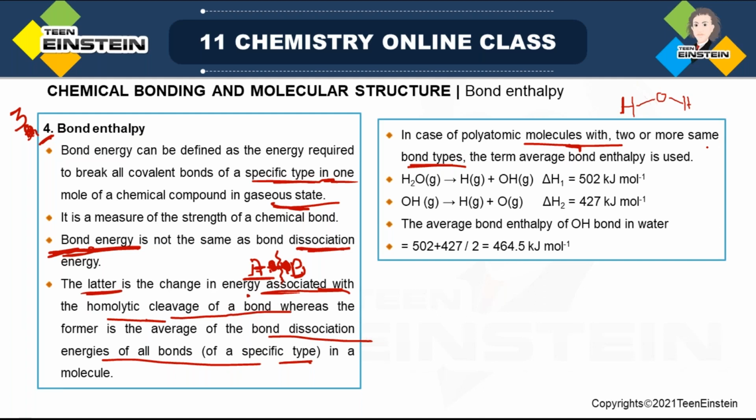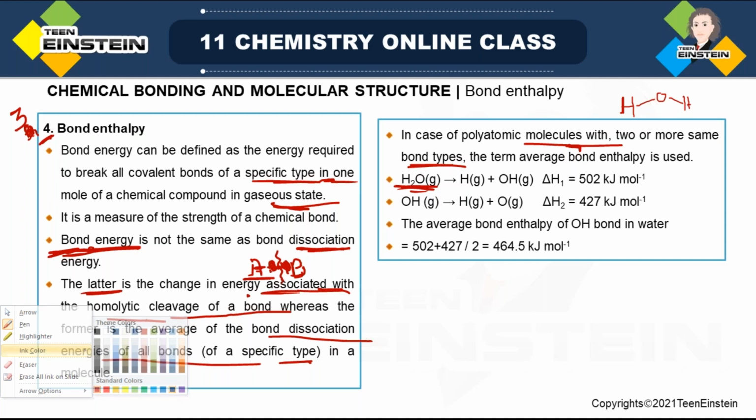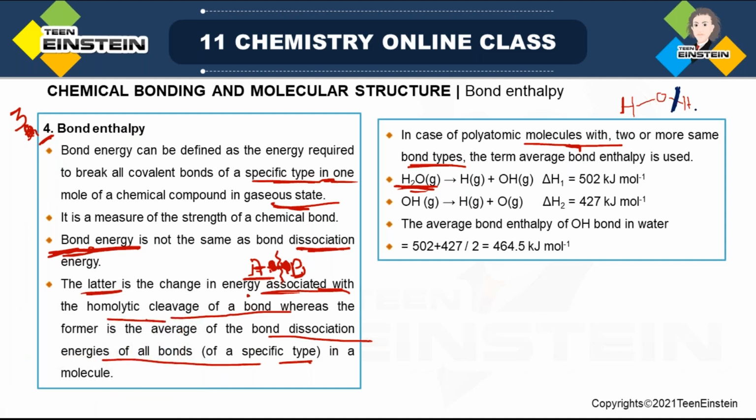Total 2 OH bonds are present. If you consider homolytic cleavage, H2O molecule in gaseous state, we have taken 1 mole. Now after homolytic cleavage, suppose one of these bonds is broken. Let me use another color. So suppose this bond is broken. Then there will be one hydrogen atom and one OH.